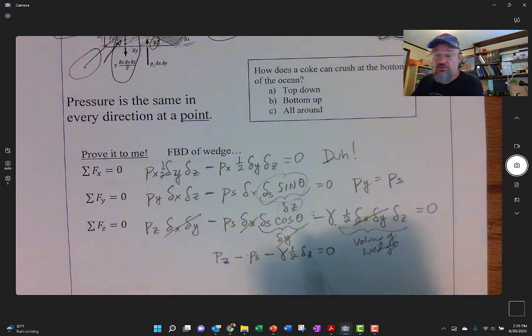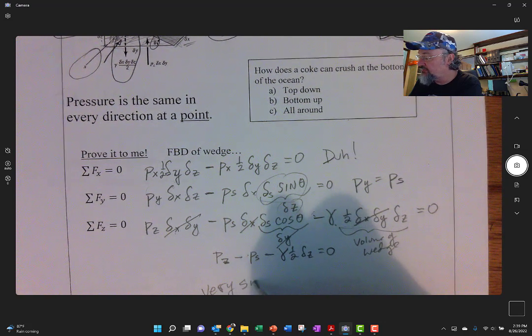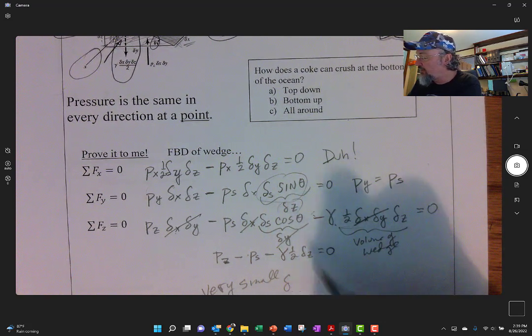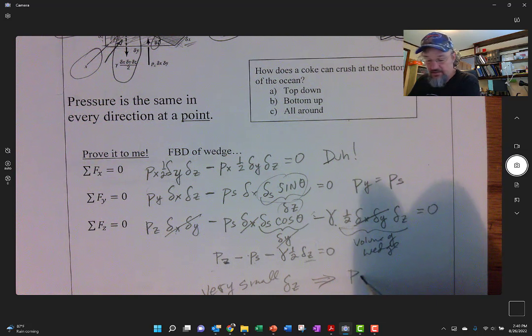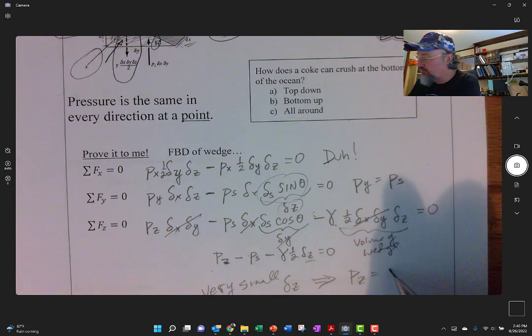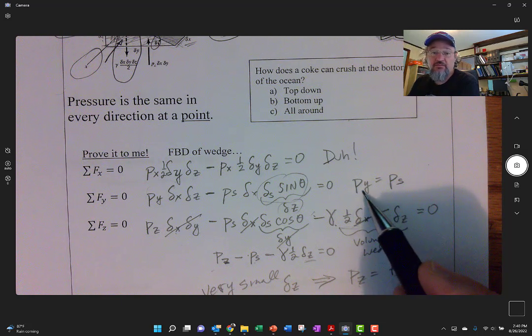But for very, very small del z, if that del z is very, very small, we say that pz is equal to ps, and therefore pz must be equal to py.